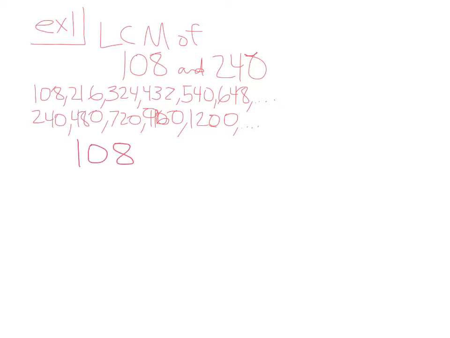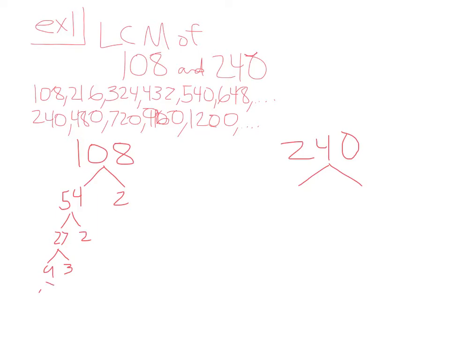So we kind of do this the same as we did GCF, but what we're going to do differently is use the final answer differently. So 108, if we did a prime factorization here, we would do something like this. Okay, so 108 is 2 to the second power times 3 to the third power.